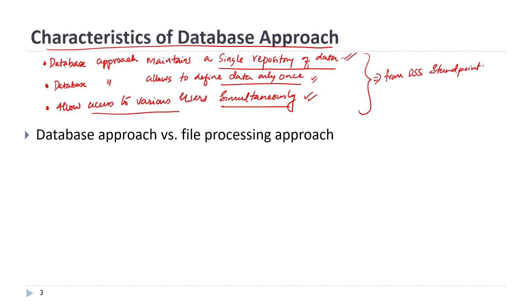So, why can't we just use files? Why do we need to go with the database approach instead of the file processing approach? The main advantages are, first, self describing.